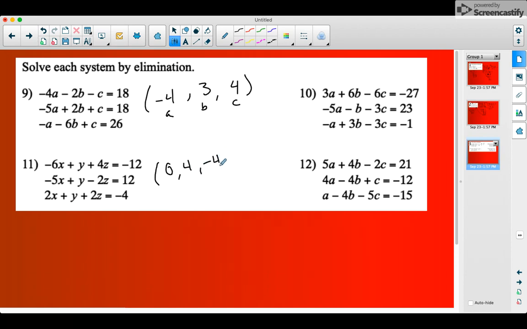Now, if you happen to have a graphing calculator and you're interested in learning how to do it on your own, I can show you, but it's really not necessary because our method is fairly efficient for figuring out the answers. 6, -6. And the last one here. -12 and -15.